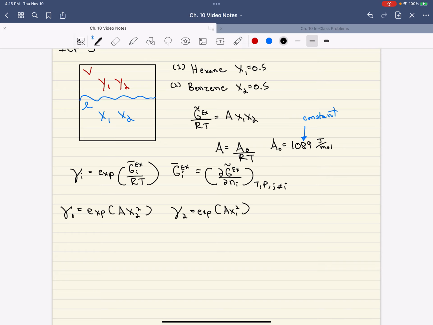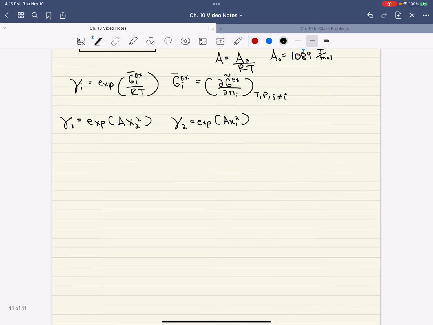But before we start with those calculations, one other thing that we need are the vapor pressures for the hexane and the benzene. Once again, there are different ways to calculate these vapor pressures. One common way that we're going to utilize is just by using the Antoine equation. Here, log of P1 equals A1 minus B1 over T plus C1, where A, B, C are different constants.